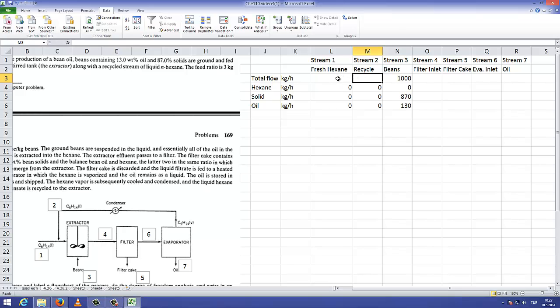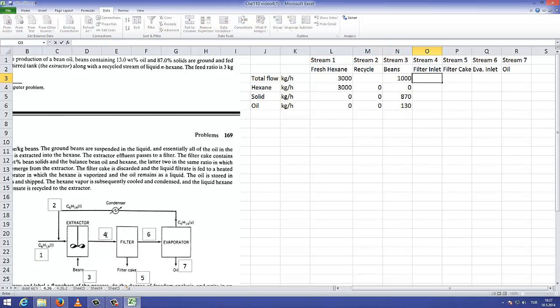So I want to calculate the total fresh hexane with this formula: 3 times the beans minus recycle. So recycle and fresh hexane in total are 3000. 3000 plus 0, 3000. Beans 1000.